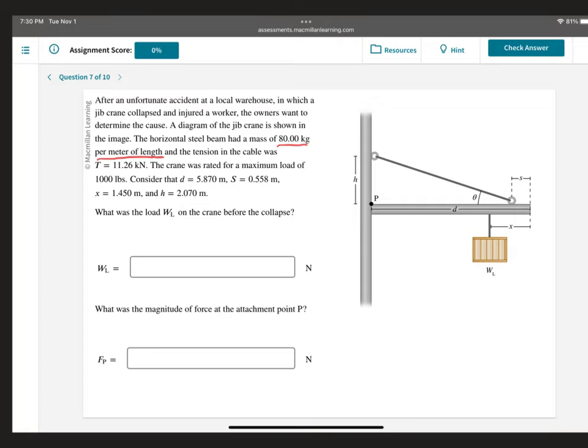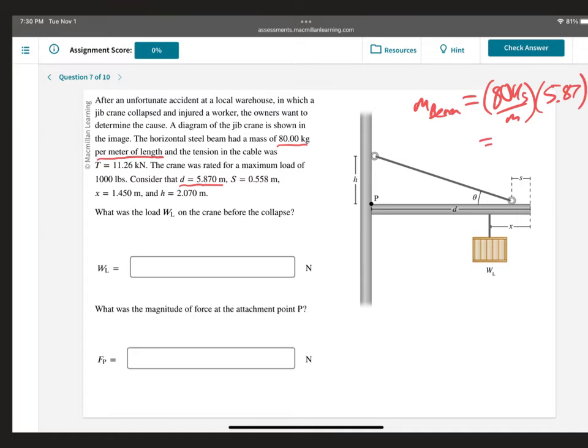He says the mass of the beam is 80 kilograms per meter. So it's not 80 kilograms, it's 80 kilograms for every meter of length. And since we're given a length, it says D equals 5.870 meters, we have to take that 80 kilograms per meter and multiply it by the number of meters, which in this case is 5.870.